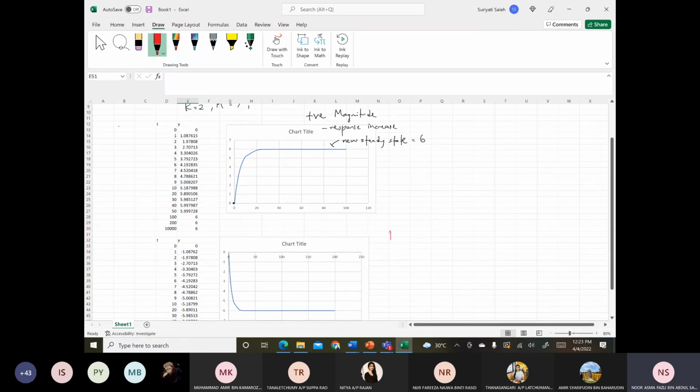So the decrement or the increment depends on your magnitude. If your magnitude is positive, then your response will be increased. If your magnitude is decreased, then you will have a decrement trend. So this one is based on the negative magnitude.